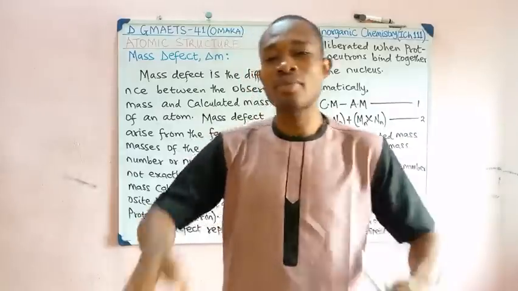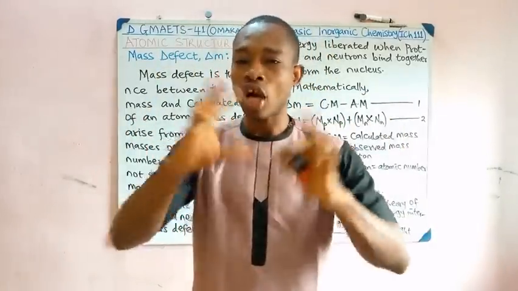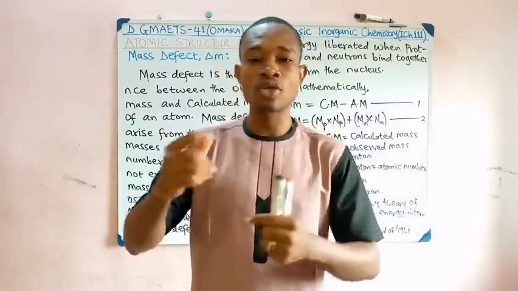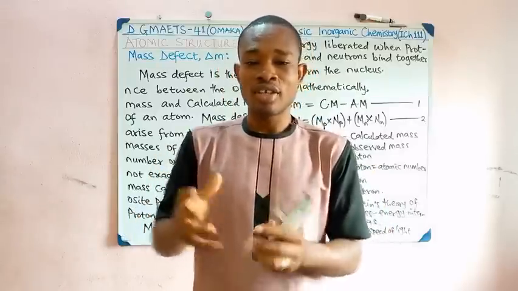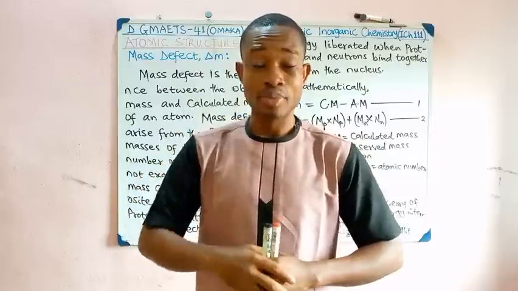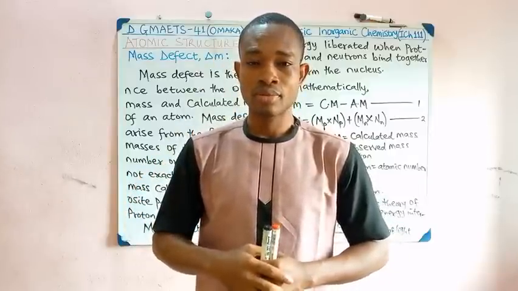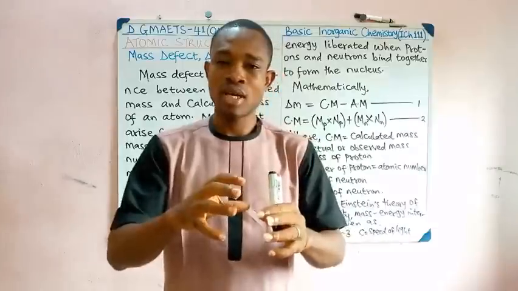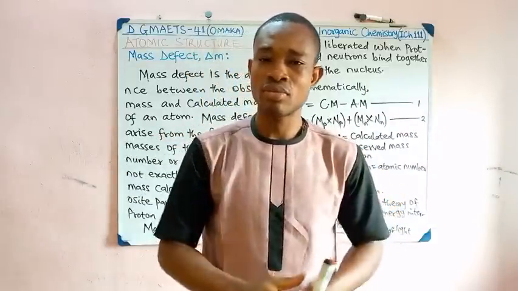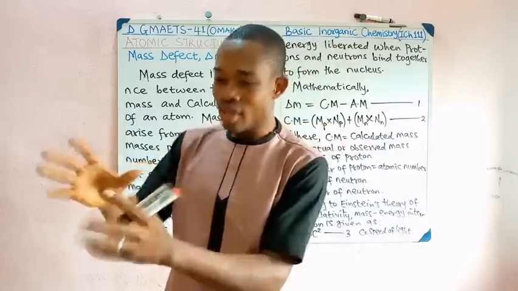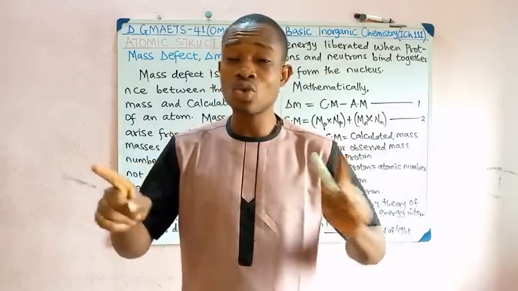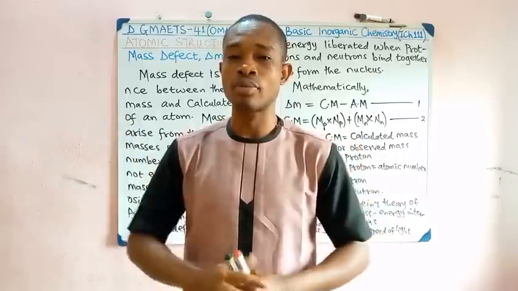Talking about the mass of an atom, it has a mass number, the nuclear number. That is the number that you obtain when you add protons and neutrons in the nucleus of an atom. We usually represent the mass number as capital letter A. So for an atom, when you observe the mass of that atom, and you calculate the mass of that atom, it has been observed that these two masses are not exactly equal.